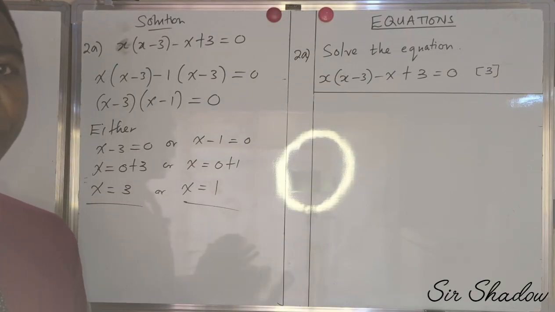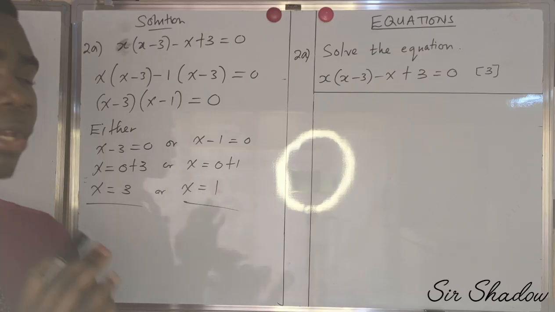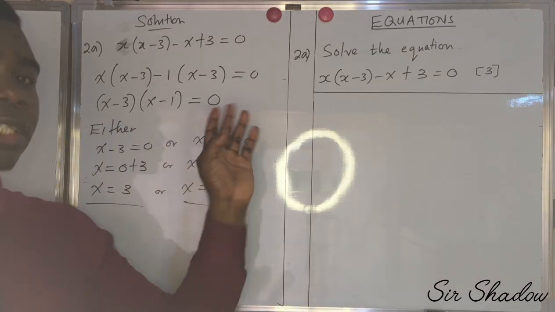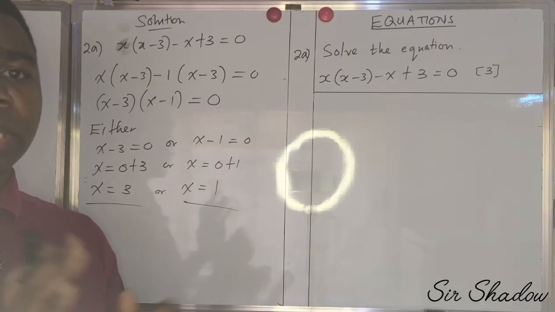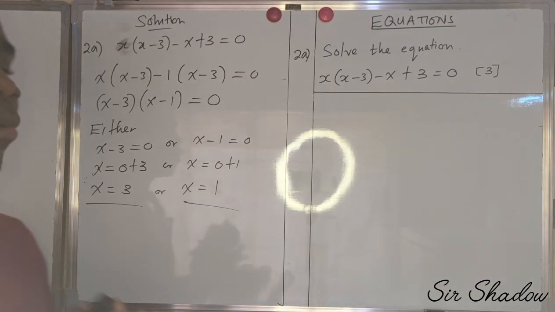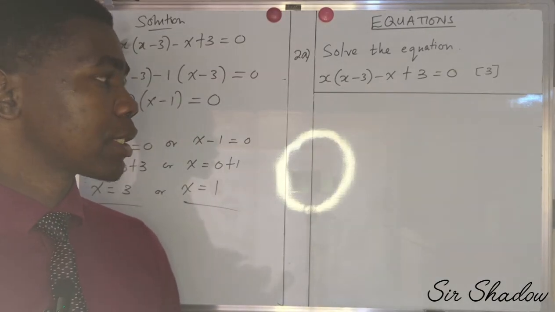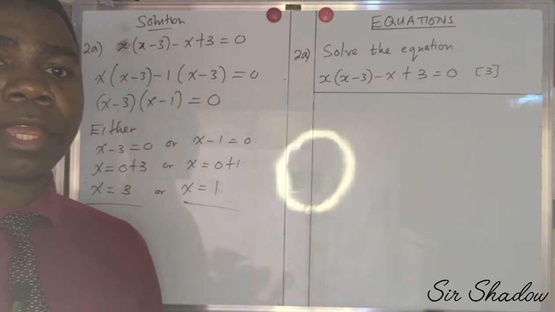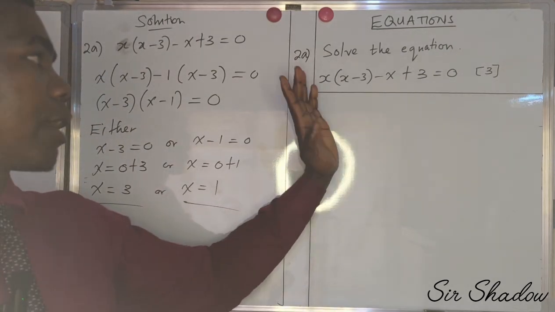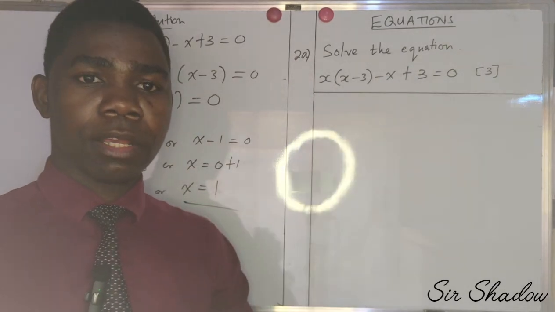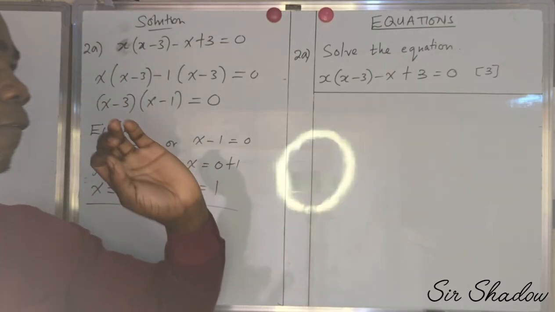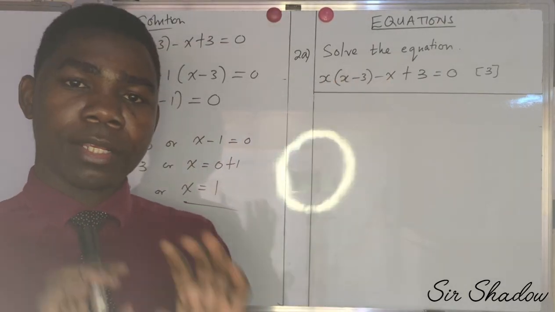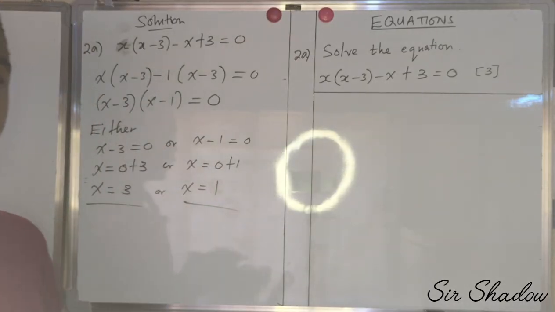You have to apply the concept of factorization, then you produce something like this, then you equate to zero. Equating to zero, grouping like terms, then simply finding your values of the unknown, whether values of x, y or a. For this case, we are given x, so we are asked to solve for x, to find the values of x. Why values? Just because this one is a quadratic equation.